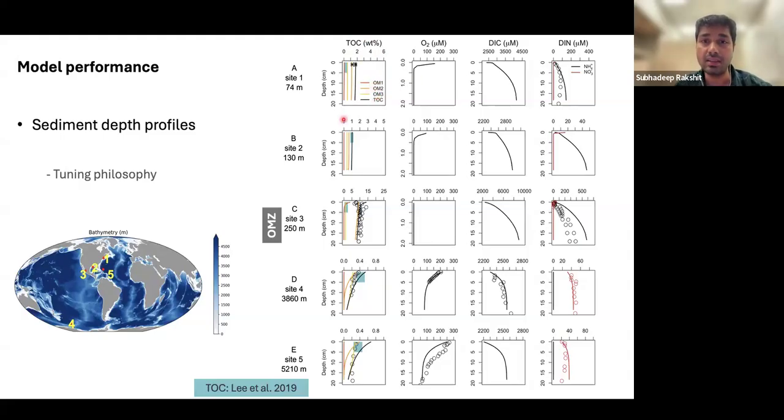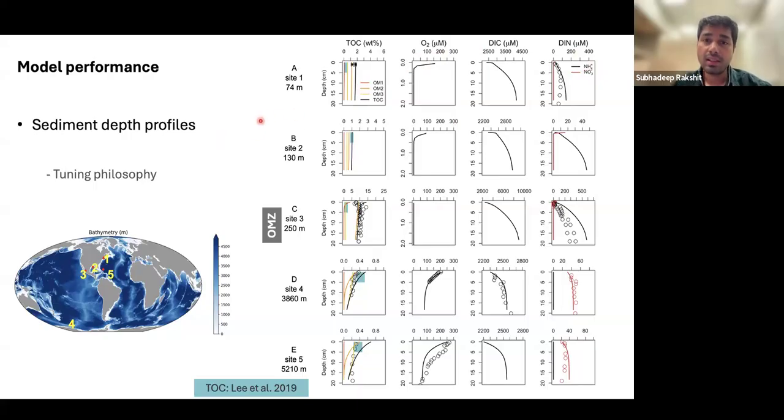In this plot, you can see these blue boxes. This is essentially the TOC concentration from the machine learning map, which I plotted for these locations, read from this paper. And we are also seeing the concentration depth profiles of oxygen, DIC, and DIN, where the red line represents the nitrate, and the black line is the ammonia profile.